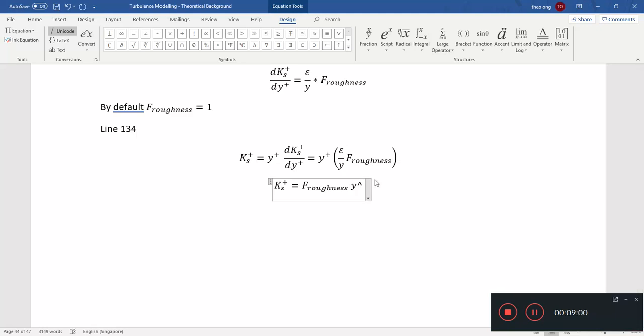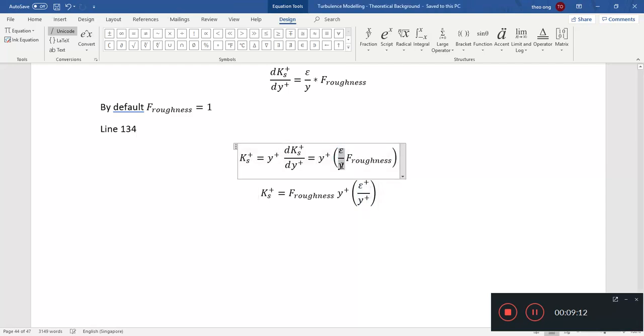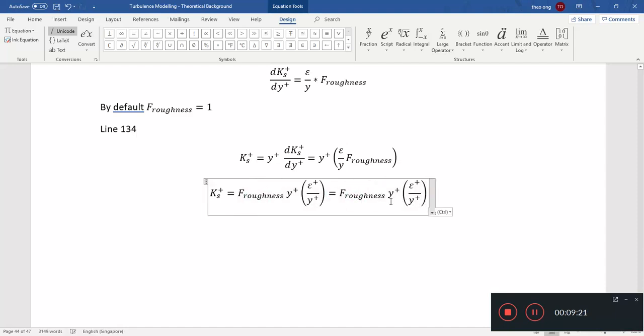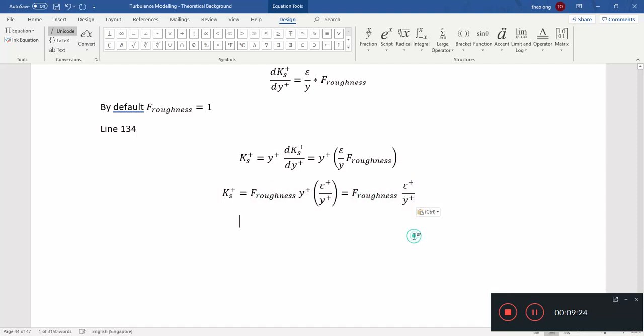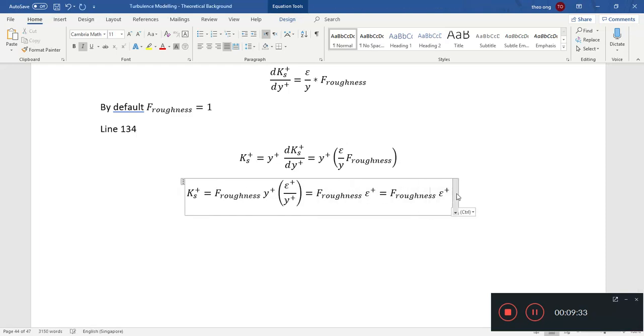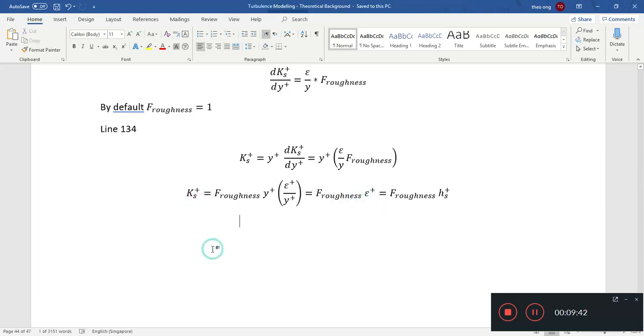So y plus will be multiplied into var epsilon plus over y plus, because again we can divide both bottom and top by the same scaling factor, and then what we can do is just have this final form. So I'll just copy this and paste this here. Otherwise if you are more familiar with the hs plus term, it's also equals to hs plus. So hopefully we see that this is actually the same. This is what ks plus is talking about.